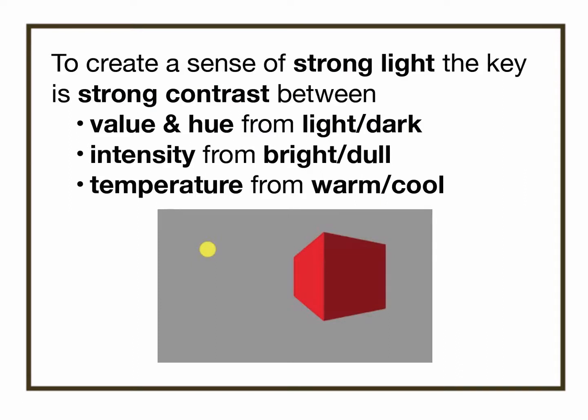So you want to have contrast between light and dark, between bright and dull, and warm and cool. When you employ all three of those things, you get the most strong sense of illumination. It will work if you employ any of the three, but again, the strongest is going to come when you employ all three.